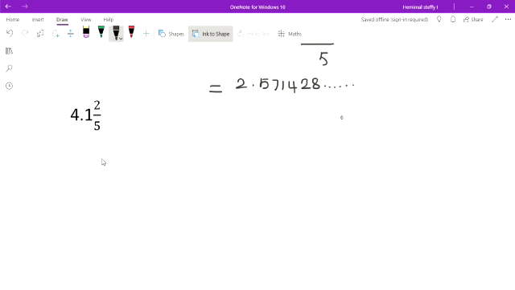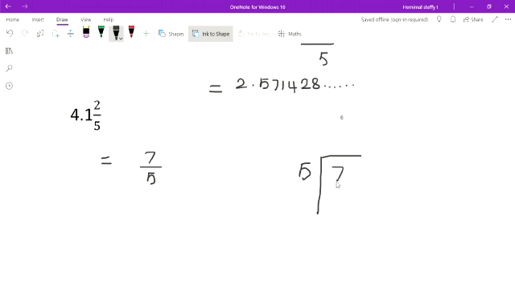So first I am going to change to an improper fraction. How? 1 times 5 is 5, 5 plus 2 is 7, 7 by 5. So next step I am going to divide it. Keep 7 inside the box, 5 outside.